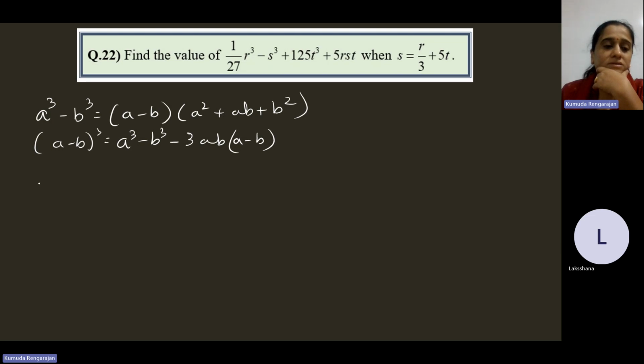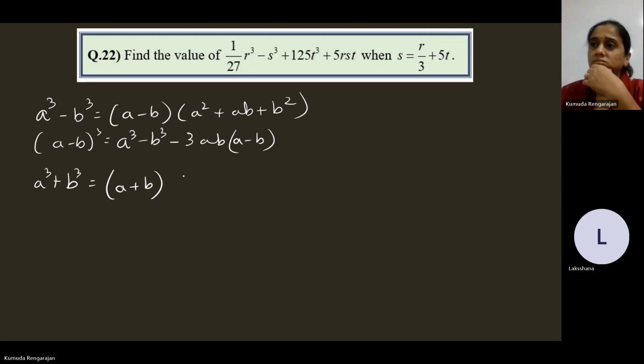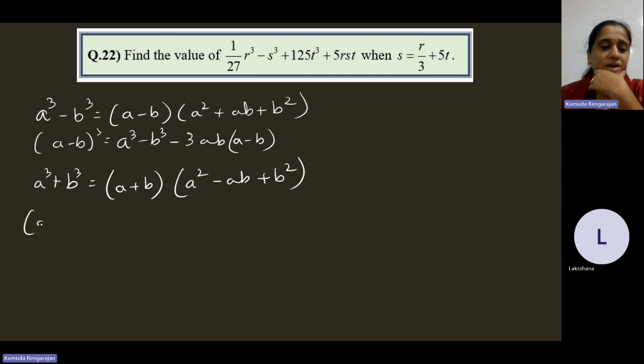Who can tell me, who can complete this a cubed plus b cubed? No, not a cubed. Very good. What's a plus b the whole cube?